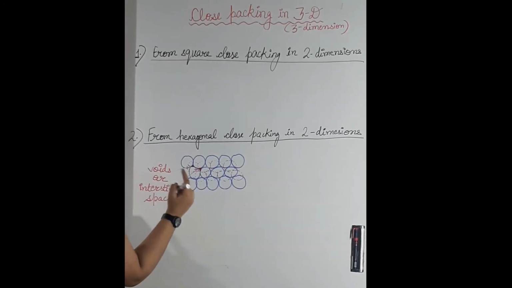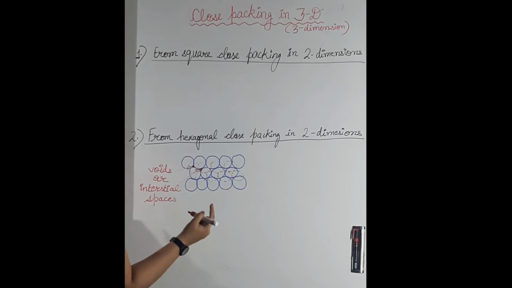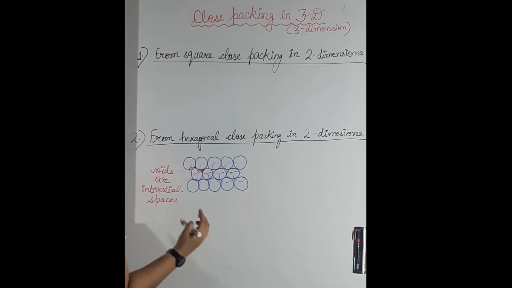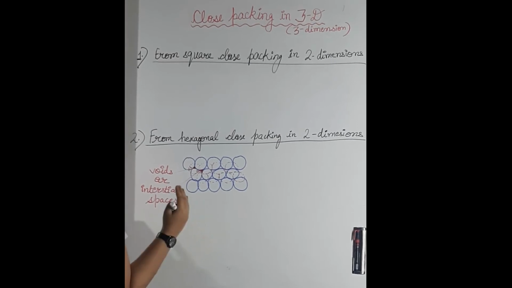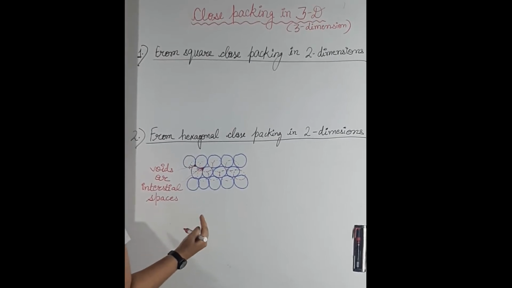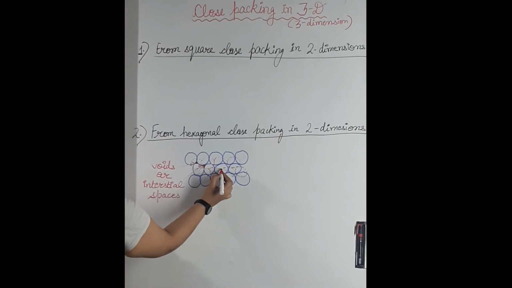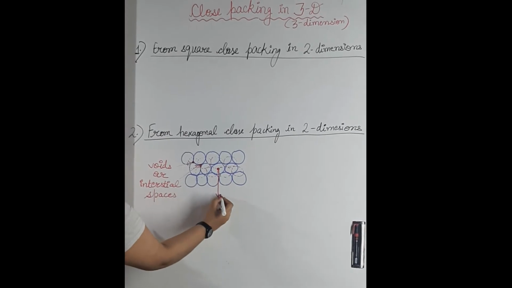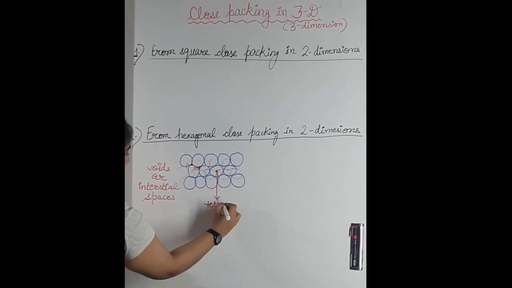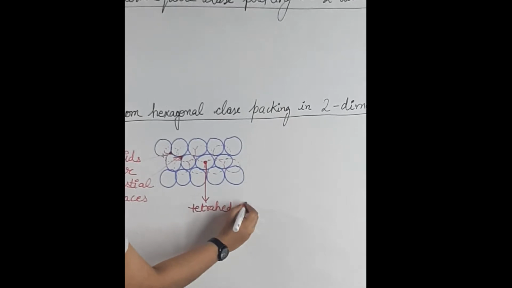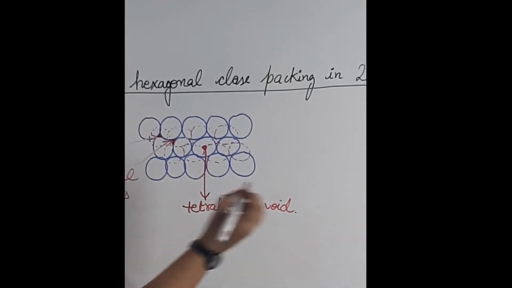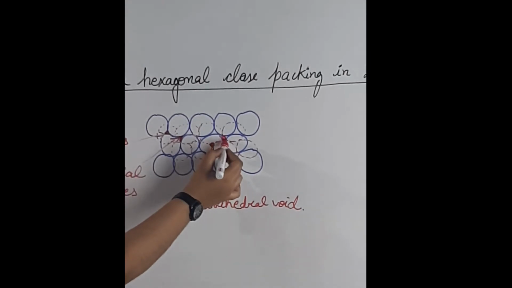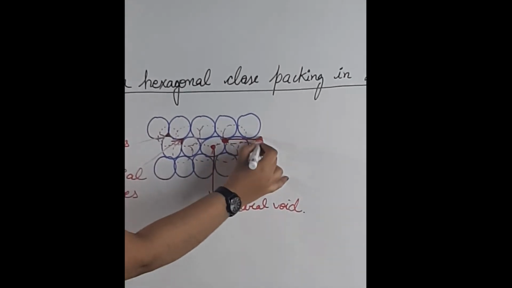Then 2 new types of voids are formed. A simpler triangular void which is surrounded by 4 spheres, called a tetrahedral void. Here these are the tetrahedral voids, which are surrounded by 4 spheres, and the octahedral void which is surrounded by 6 spheres.